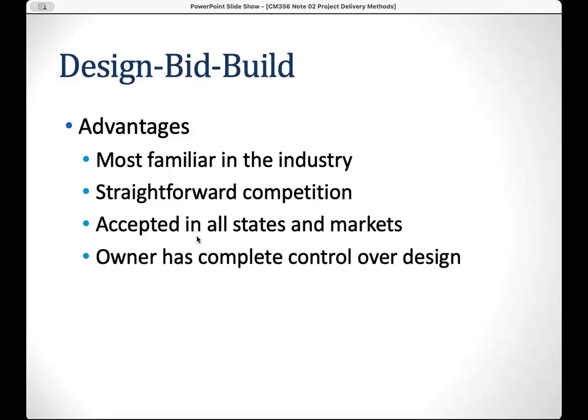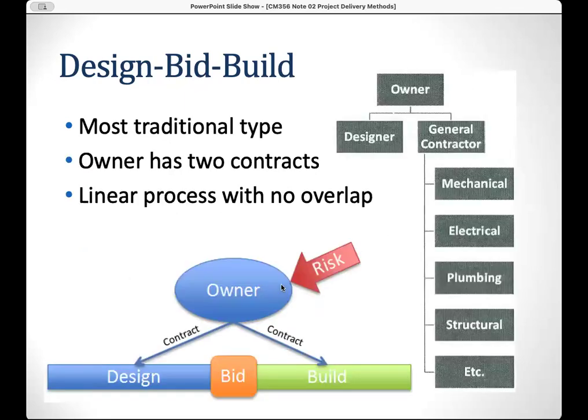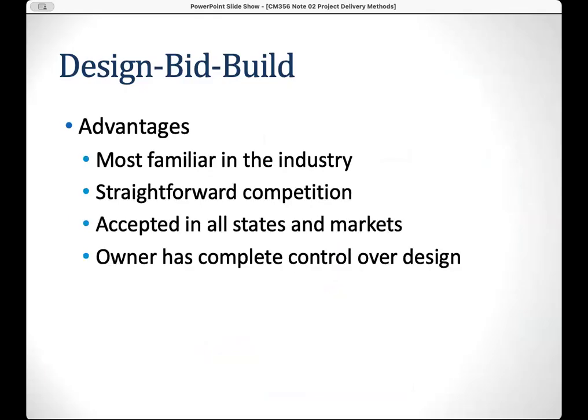It is accepted in all states and all markets in the US, especially for government or tax-funded projects, right? And the owner has complete control over the design, because the owner has a contract with the design team. That means the owner has their own preferences, and the design team can satisfy those preferences and meet the requirements. But the owner is also taking all those risks.